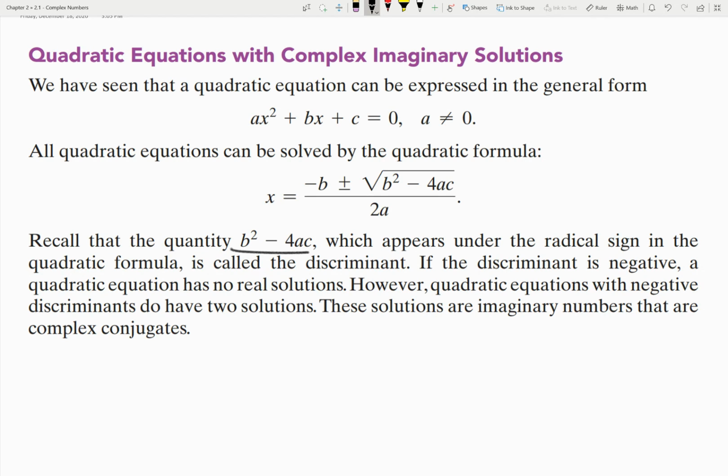However, it still has two solutions. They're just not real. They are imaginary solutions, and they're always going to be, because of this plus or minus right there, because of the way that this function actually works when we completed the square to solve for x in the quadratic equation to get the quadratic formula, they're always going to be complex conjugates.